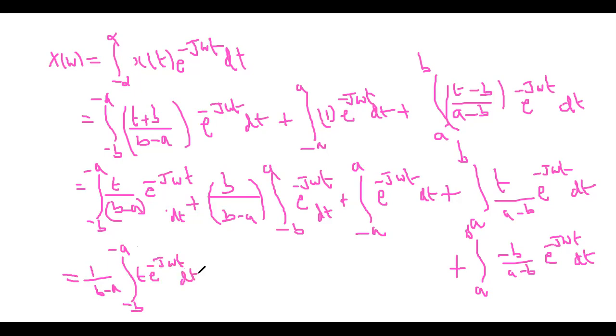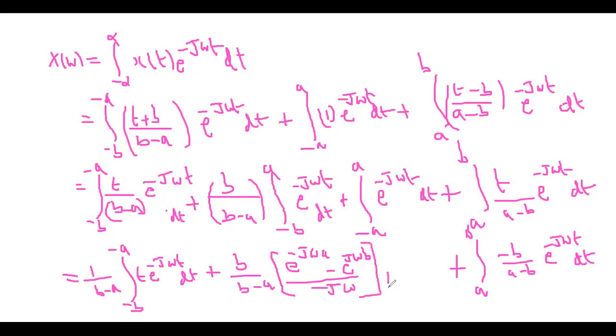Here you can apply the UV rule, plus b by b minus a into, directly I am substituting here, e power minus j omega a minus e power j omega b whole divided by minus j omega.